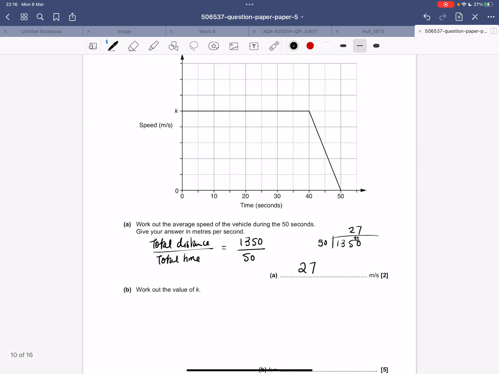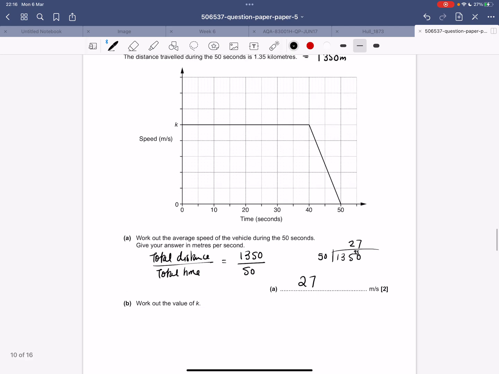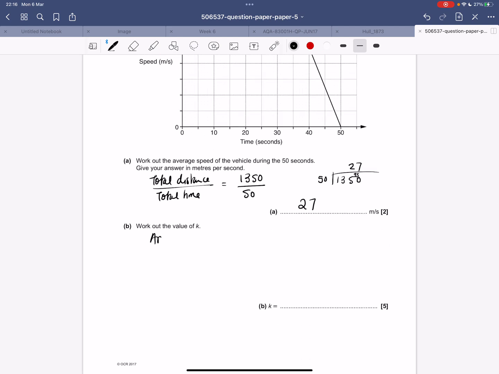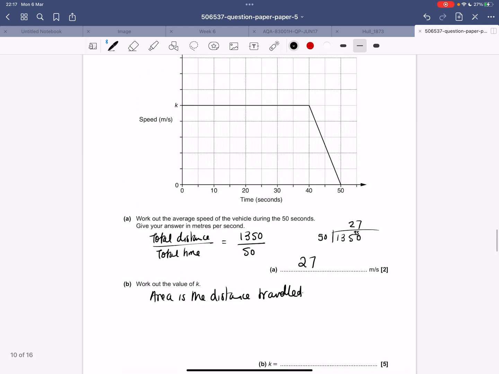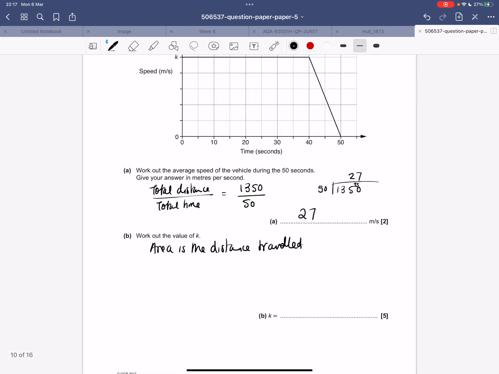Work out the value of k. For the value of k, the area is the distance travelled. So the area of this trapezium is going to be 1,350.